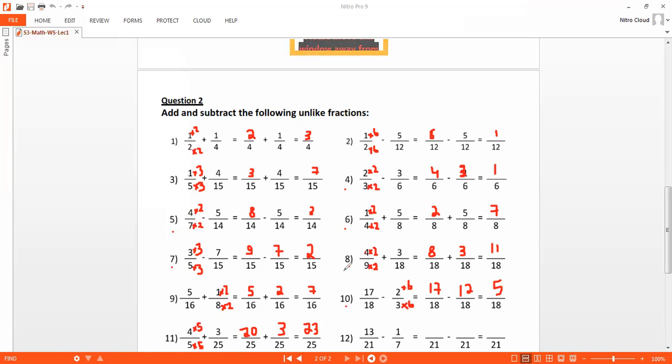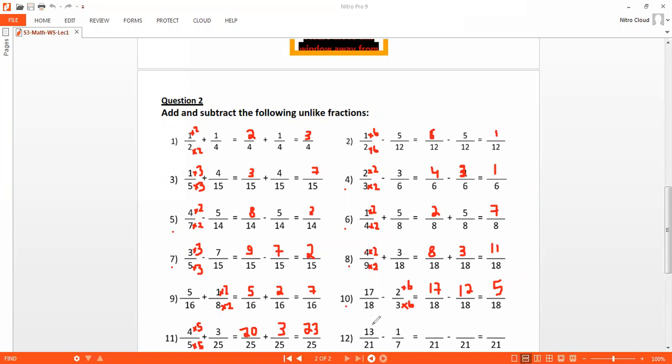Number 12. 13 over 21 minus 1 over 7. We times the 13 and the 1 by 7.